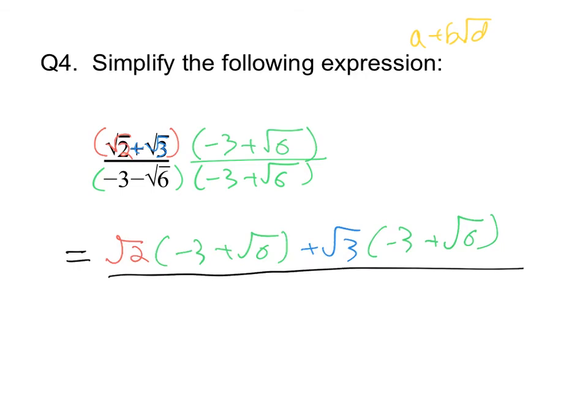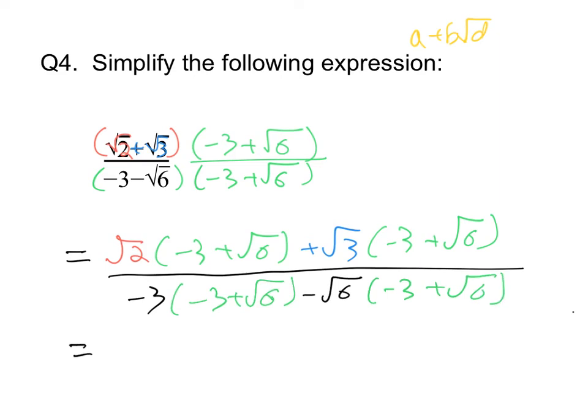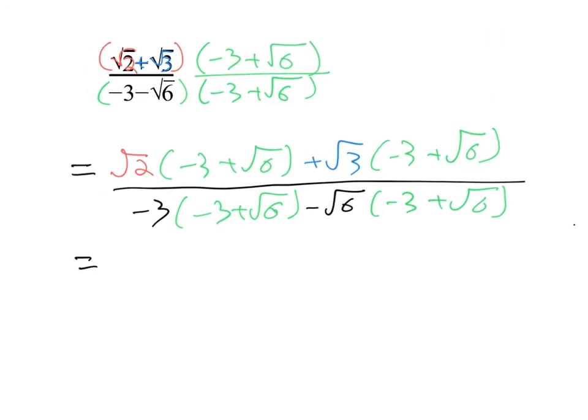And all of that is divided by, and I'm just going to do this entire expression as well in the denominator. I'm not going to take any shortcuts in simplifying it. Let's write the whole thing out. So we have negative 3 times negative 3 plus root 6, and then minus root 6 times negative 3 plus root 6. Okay, so a lot of things to combine, a lot of things to simplify.